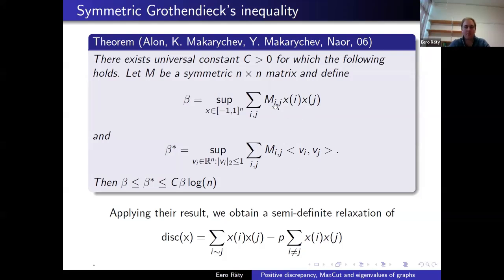So we could just pick our matrix to be the adjacency matrix of the graph minus p times J minus I, or we could just pick minus pJ, because the diagonal entries are only going to give us a linear contribution, and because we are aiming for something that grows substantially faster than linear, that's going to be so small that we can just ignore it.